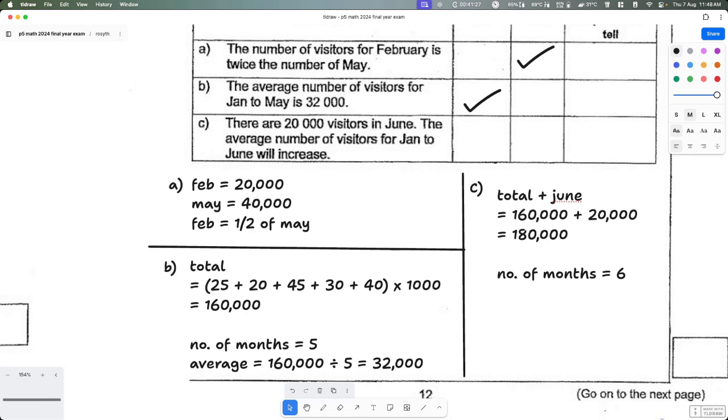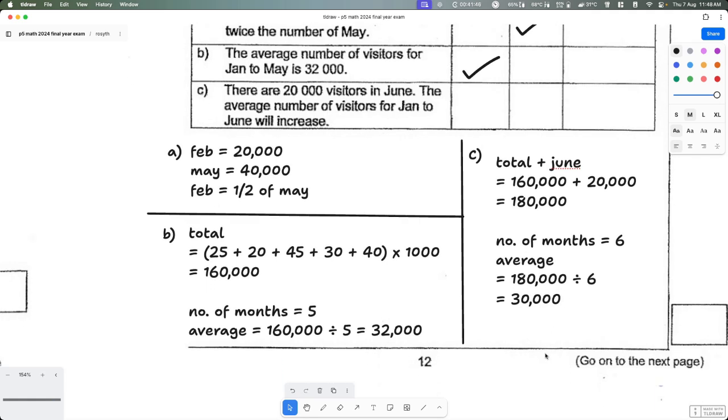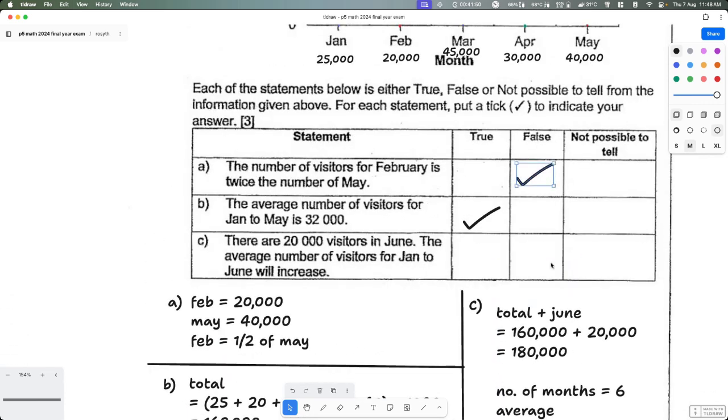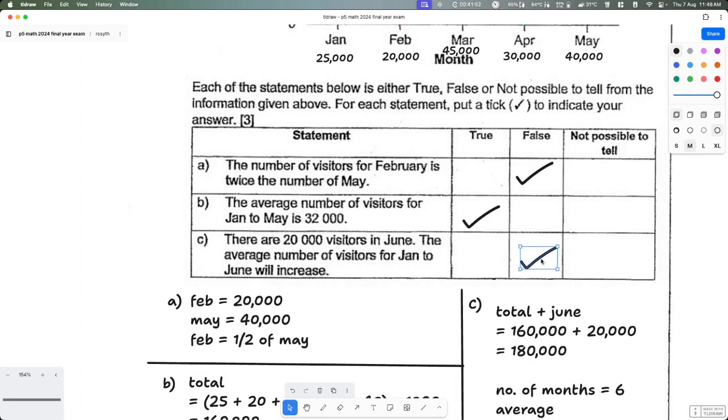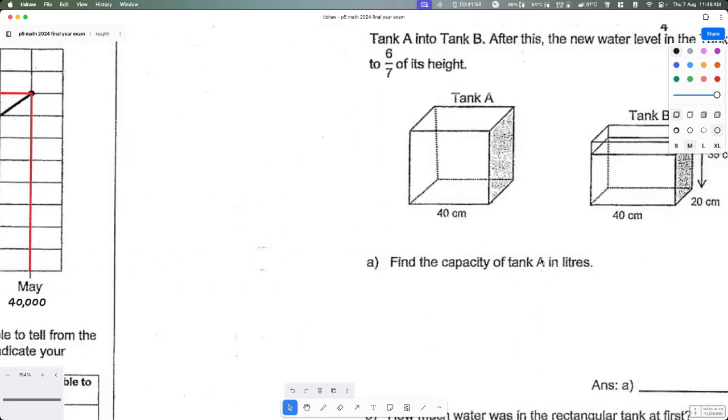So average is equal to 180,000, right? And then we divide by 6, this will become 30,000. So in fact, if you were to compare, this is false. Okay, in this case over here. So false, true, false.